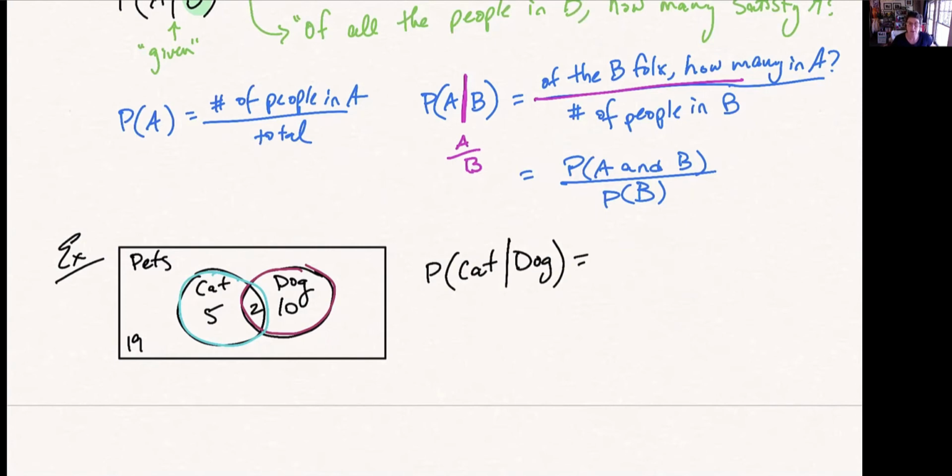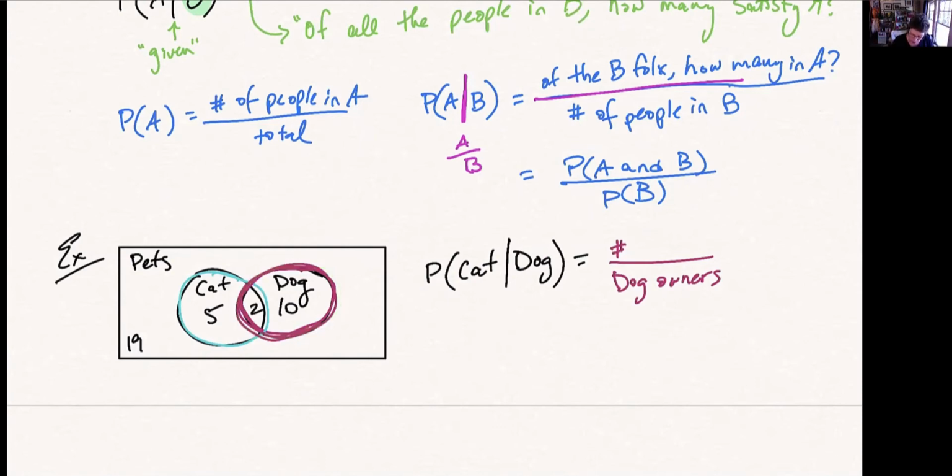I'm just talking about the people that own a dog, which tells me that I'm not looking at the total anymore. I'm only looking at the people here. So my fraction is going to have the total number of people who own a dog as the denominator, and my top number is going to be the number of cat owners within that circle, only people in this circle here.